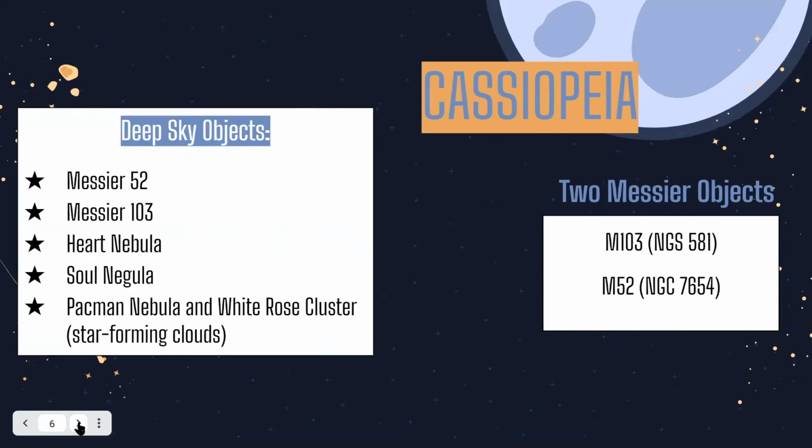Okay, next we have deep sky objects and Messier objects in Cassiopeia. You can see on this slide, we listed a handful of deep sky objects, and as we know, there are only 2 Messier objects in Cassiopeia.